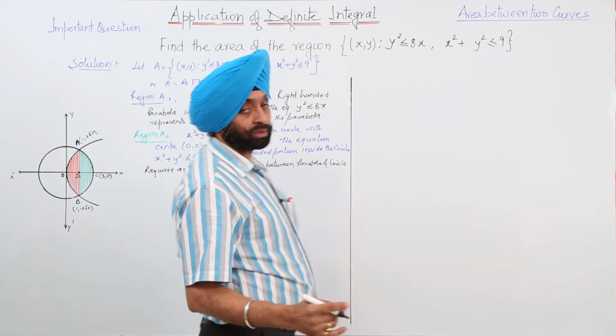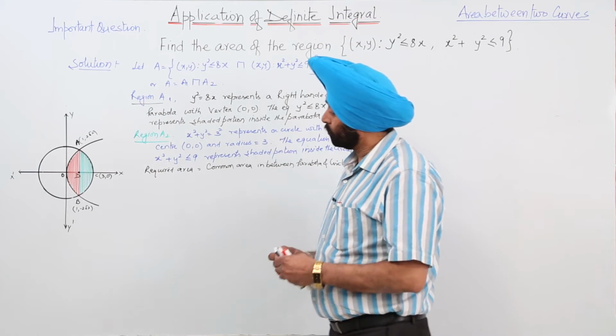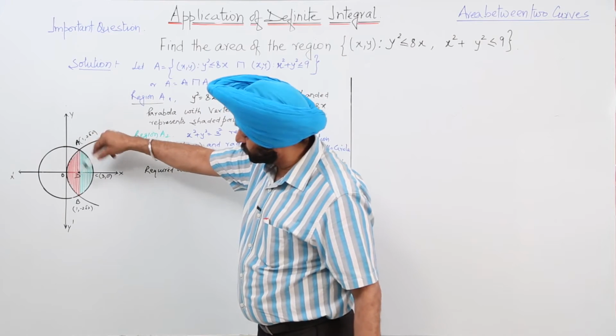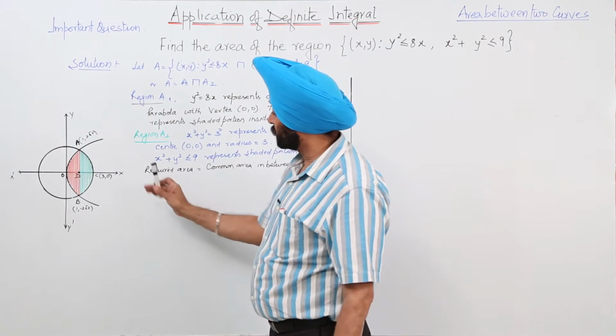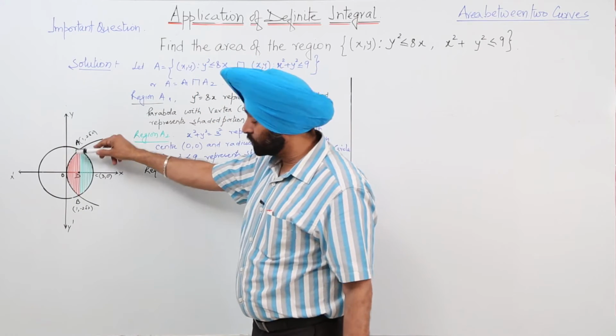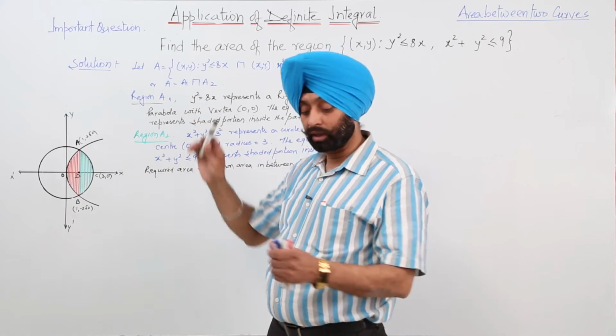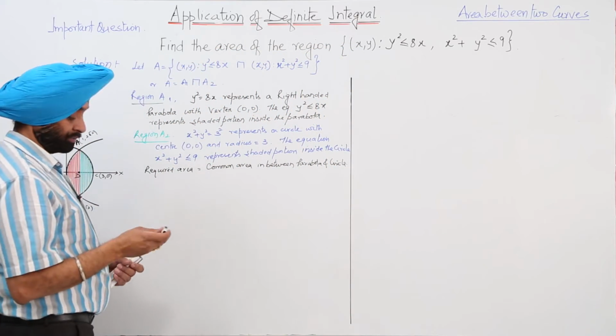And here is a figure. For the parabola, the shaded portion will be inside the parabola. For the circle, the shaded portion will be inside the circle. The common area is that which we have shaded in red and green. Okay, so now let's solve it.